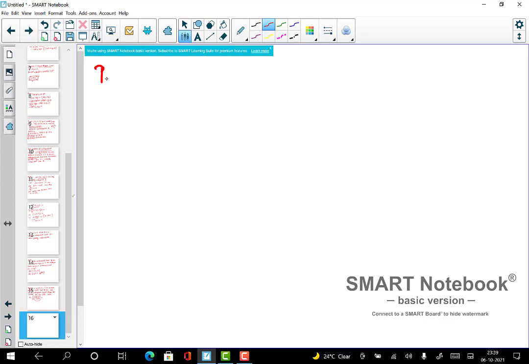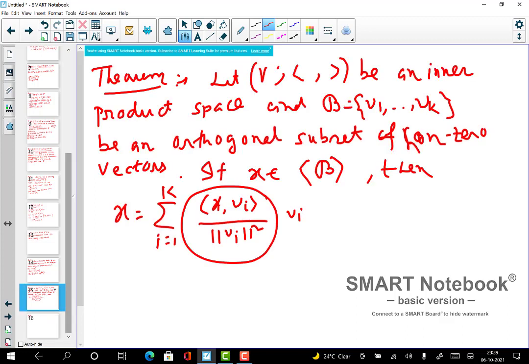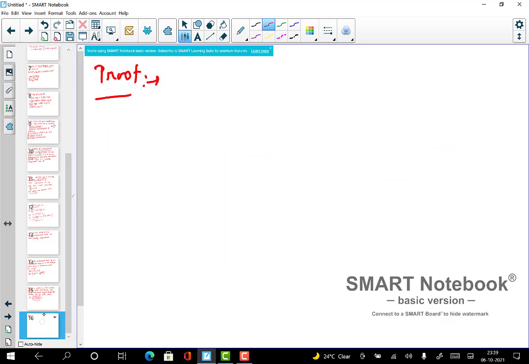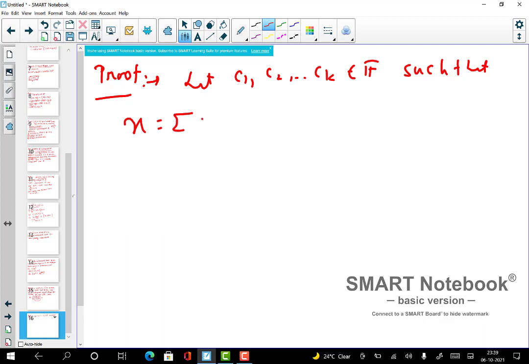So how to prove this kind of theorem? The proof is also not very difficult. Because x belongs to the span of B, we can find some constants such that x is a linear combination of those vectors. So let C1, C2, up to Ck belong to F such that x can be written as the summation of Ci Vi, i equal to 1 to k.